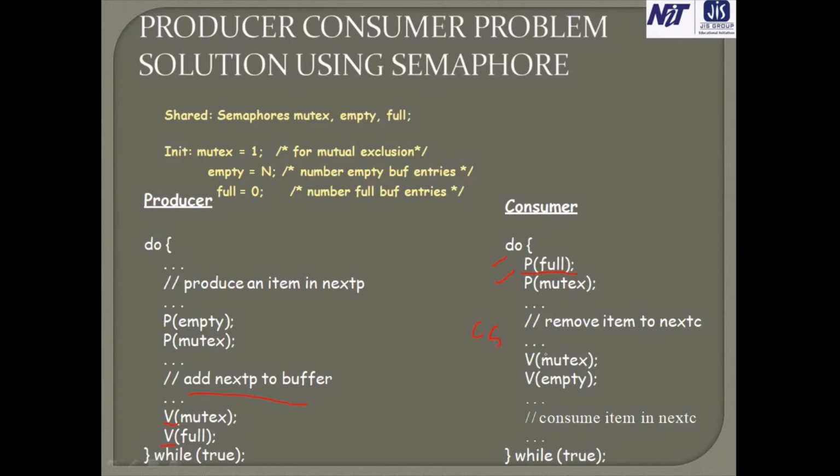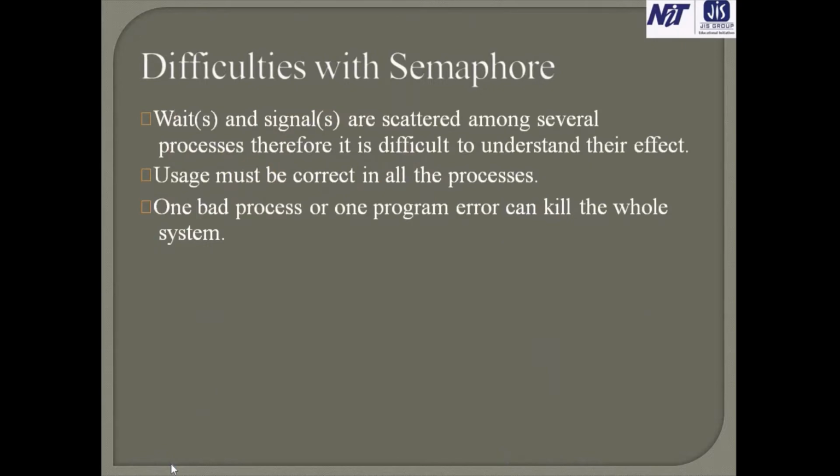When it exits the critical section, it will signal the mutual exclusion so that another process can enter. That means it will send the signal to the producer. Here it will signal the empty, because it will consume all. So this is the code.